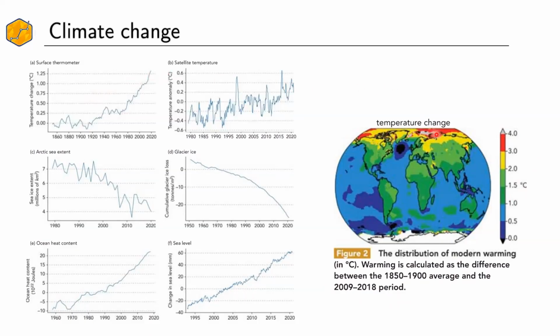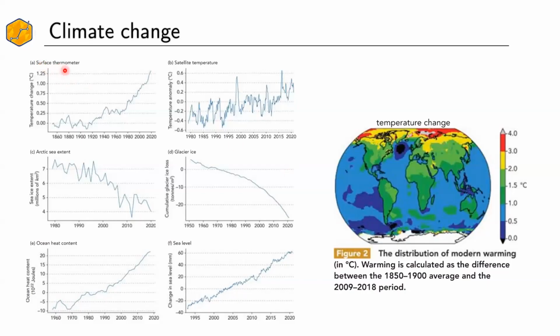But if you see here, the Arctic poles, North Pole, South Pole, have been impacted the most, a 4-degree change there. Arctic means North Pole, South Pole.